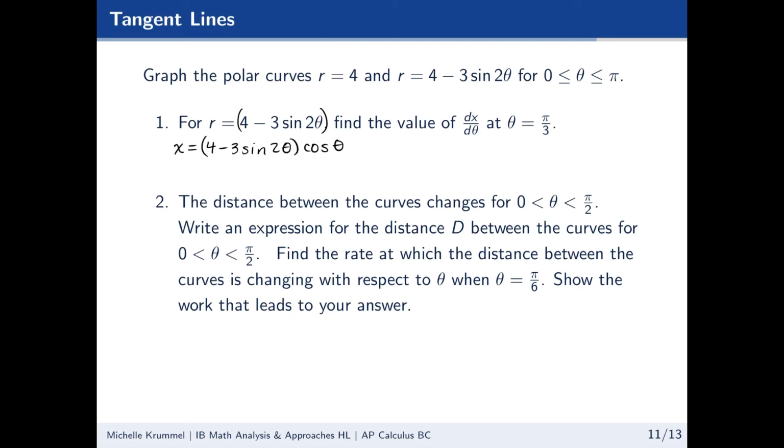And now to find dx d theta, we just take the derivative of this equation with respect to theta. So I'm going to use the product rule, and dx d theta equals, so we'll take the derivative of the first factor. Its derivative of sine stuff is cosine of stuff times the derivative of the stuff times the negative 3 that's already there. So negative 6 cosine 2 theta.